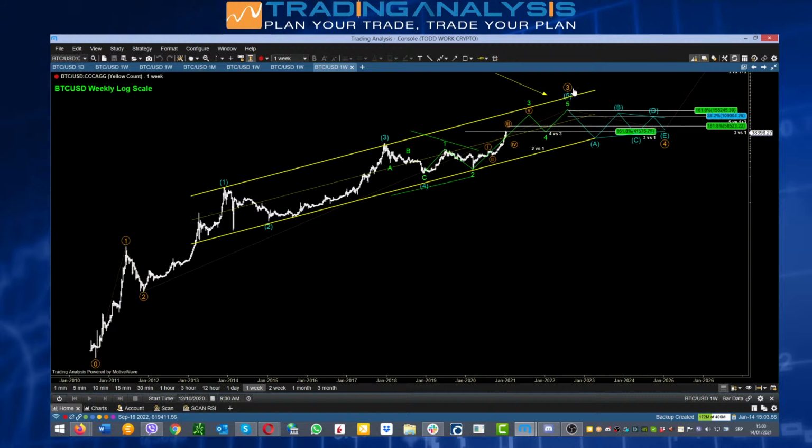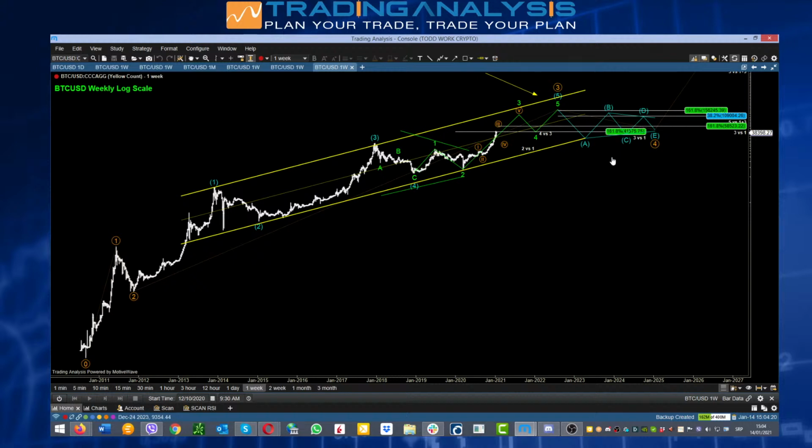So the waves subdivide as we go on lower time frames, and all of the sequences have to have 5 waves in them. So we are tracking this orange 5 waves possible in this green wave 3, pullback in a green wave 4, and the final move up for this orange wave 3, and then we expect some type or some form of a correction in a year or two.